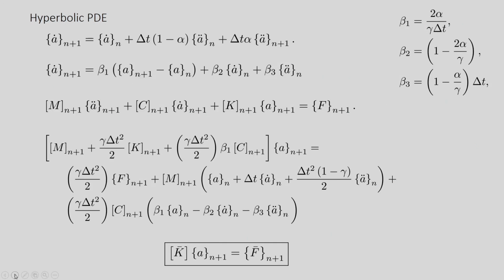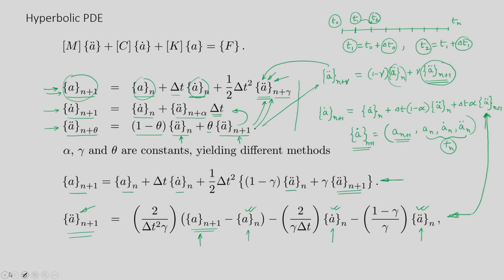I have written the final expression. So here is the final expression. So we get velocity at n plus 1 in terms of displacement at n plus 1 and displacement, velocity, and acceleration at nth instant. Now beta 1, beta 2, beta 3 are constants in terms of alpha, gamma, and delta t. So these are expressed here. Now what we will do? We will make use of these two expressions.